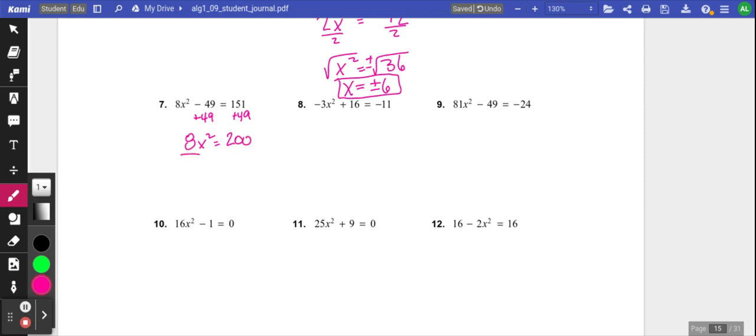I'm going to divide out my little coefficient here. x squared is equal to 25. Now is where I want to go ahead and square root. So I'm going to square root each side here, and I get x is equal to positive or negative 5. Over here, number 12.